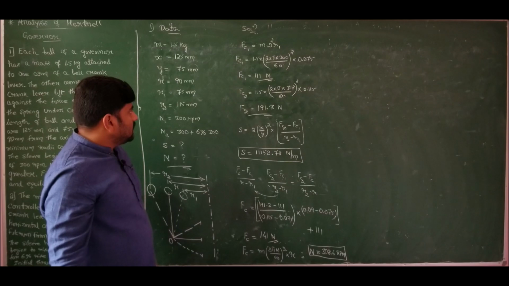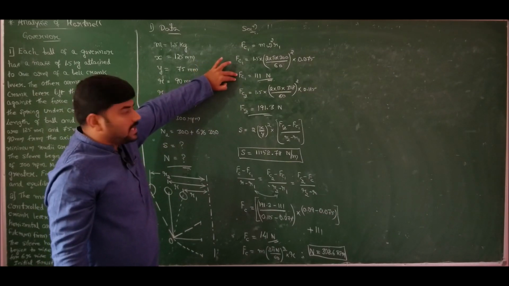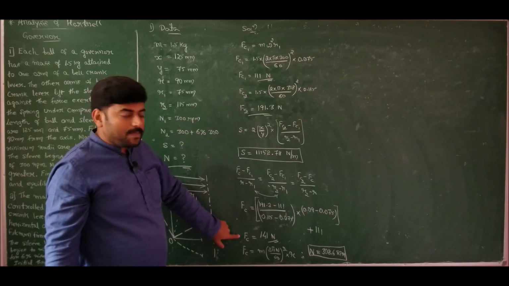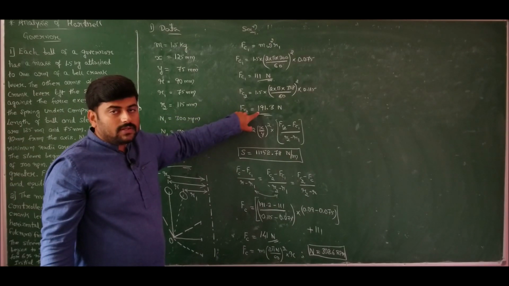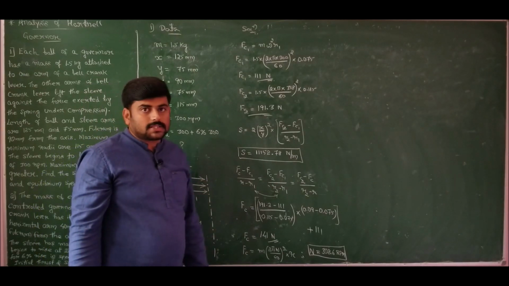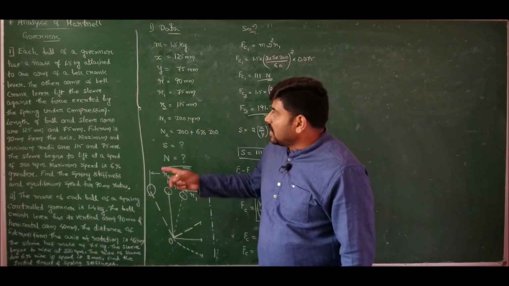What I mean to say is that at the minimum position the centrifugal force is 111 Newton, which is less than the mean position centrifugal force 141. These two are less than the maximum centrifugal force, that is 191 Newtons. So the results are meaningful, hence the answer is correct. This is the solution for problem number 1 of our discussion of the Hartnell governor.